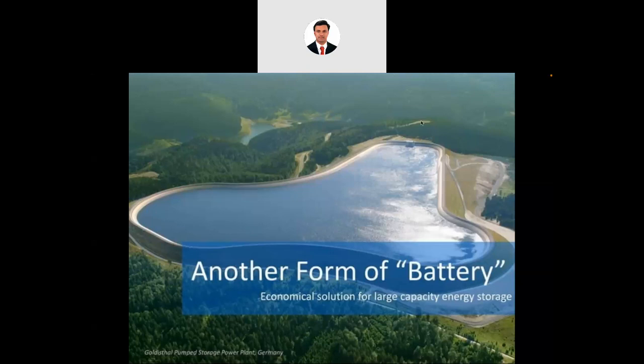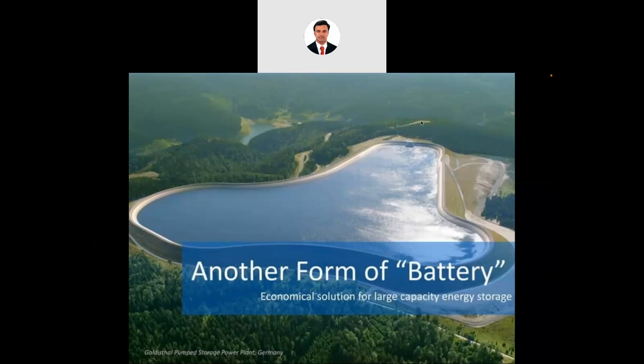So why are those storages necessary? These storages we are going to see are the pumped storage and the compressed air storage. They are used to store the electricity we generate in the power plant in the form of potential energy of the water or in the form of compressed air.